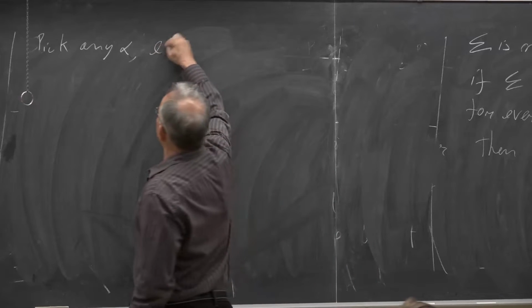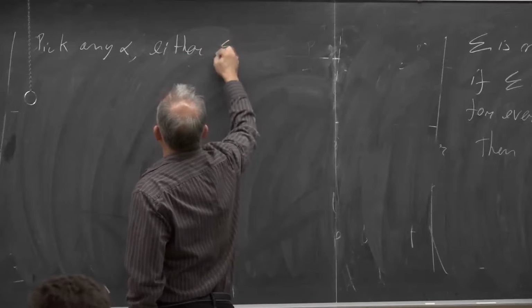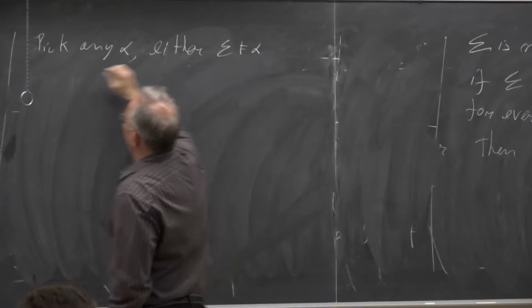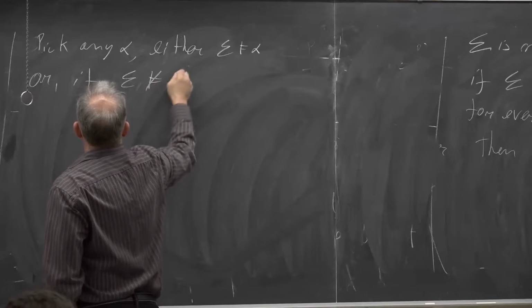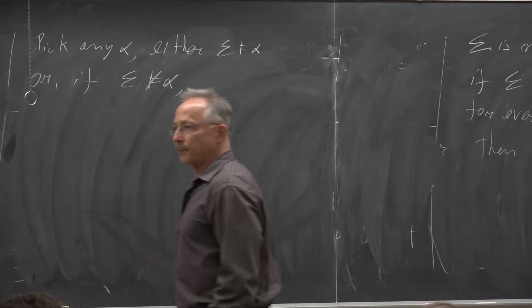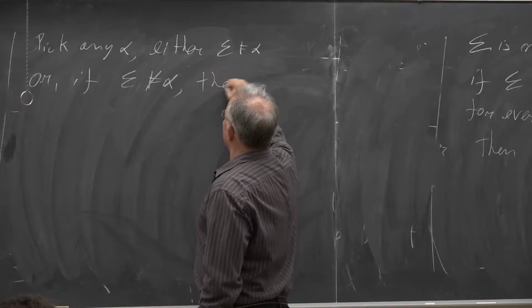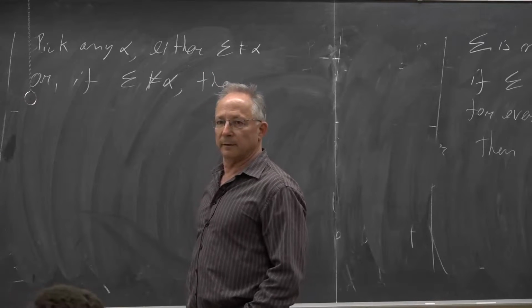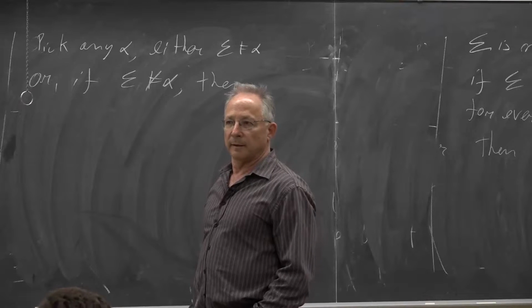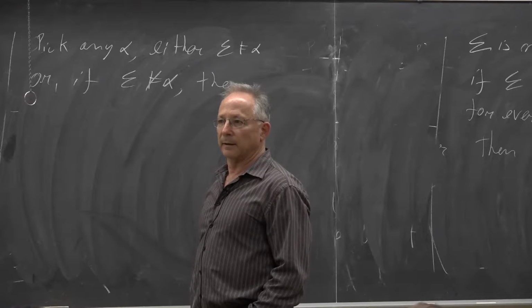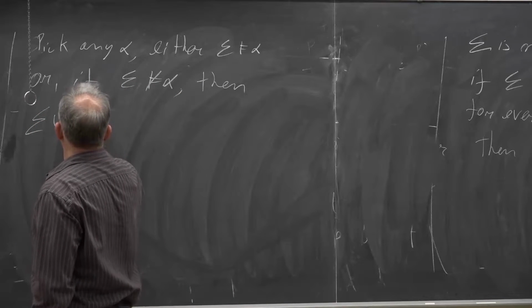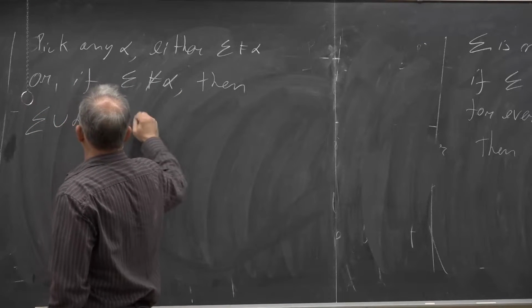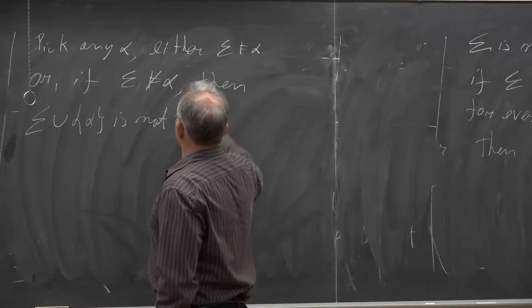So either sigma logically implies alpha, or if sigma does not logically imply alpha, then what do I know by maximality? The union, sigma union alpha, is not satisfiable.